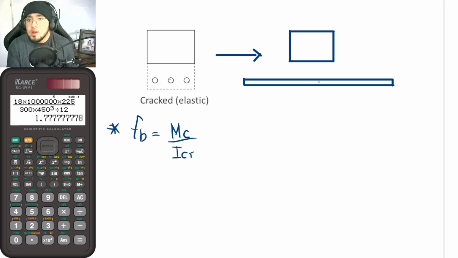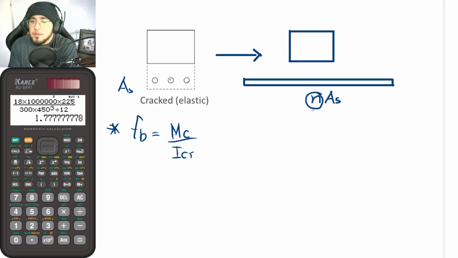So how can we know this particular area here? Suppose that this is now As, or the area of steel. The area of steel is basically the total area of these circular rebars, and we would just be multiplying it by the value n. What is the value n? The value n is equal to the modular ratio.